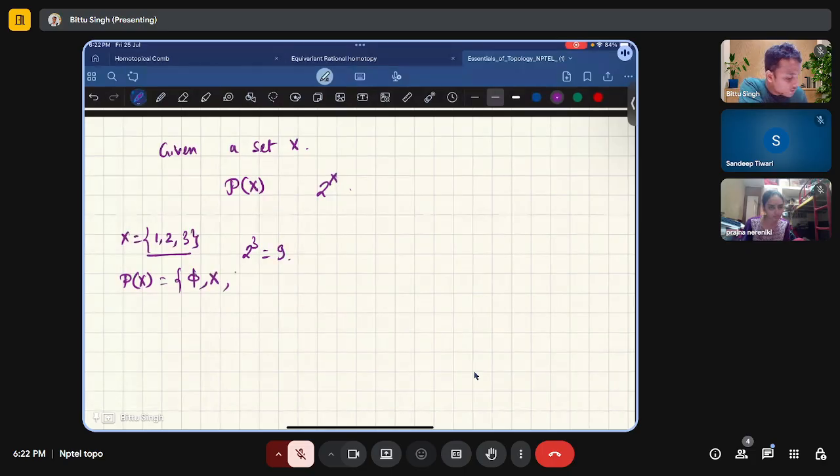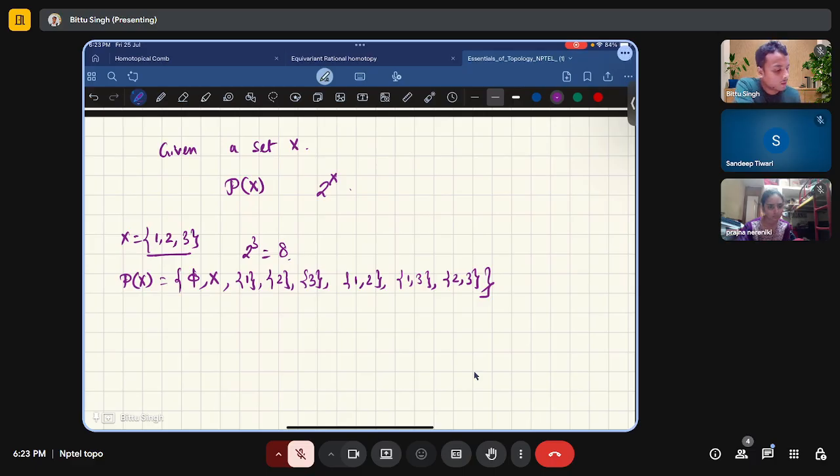So empty, X, the singleton sets {1}, {2}, {3}, and the pairs {1, 2}, {1, 3}, {2, 3}. Sorry, 2 to the power 3 means 8, so you can see there are 8 choices.